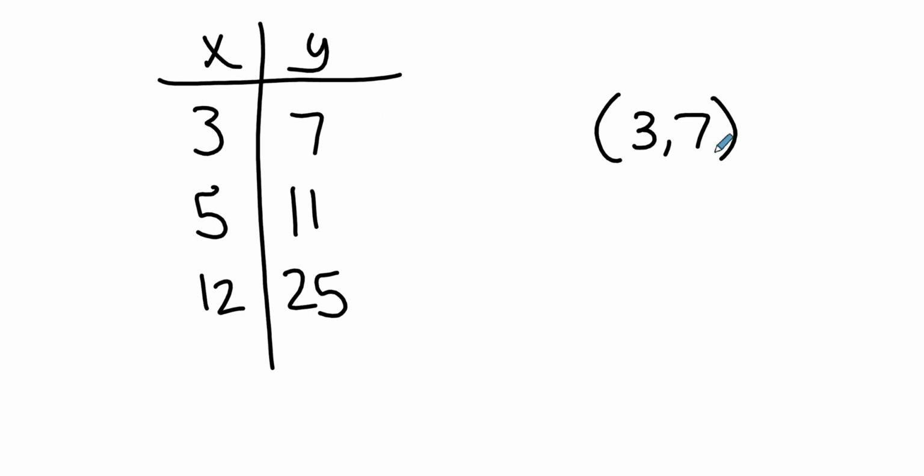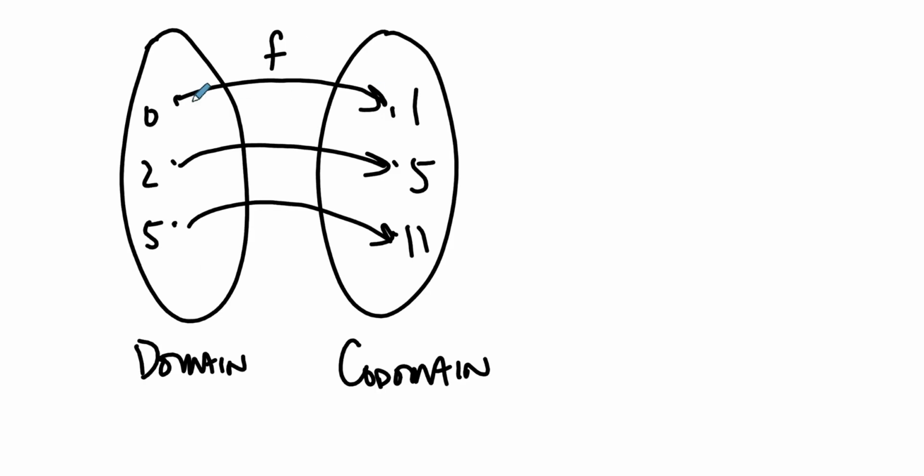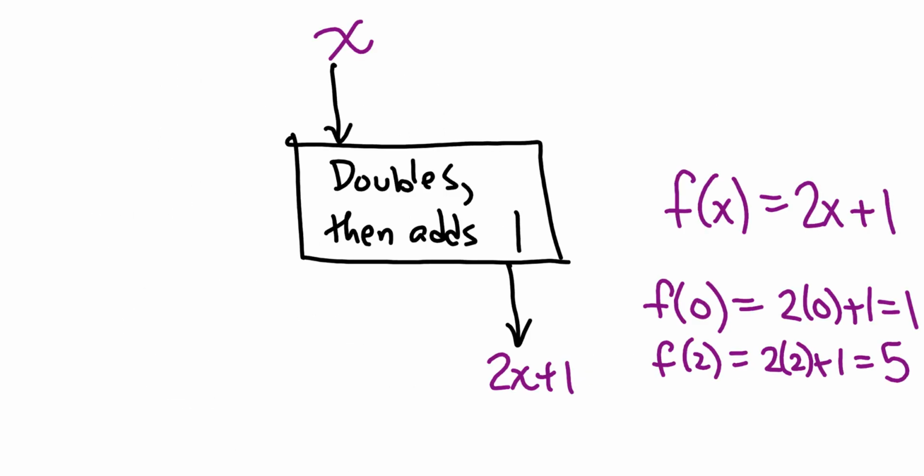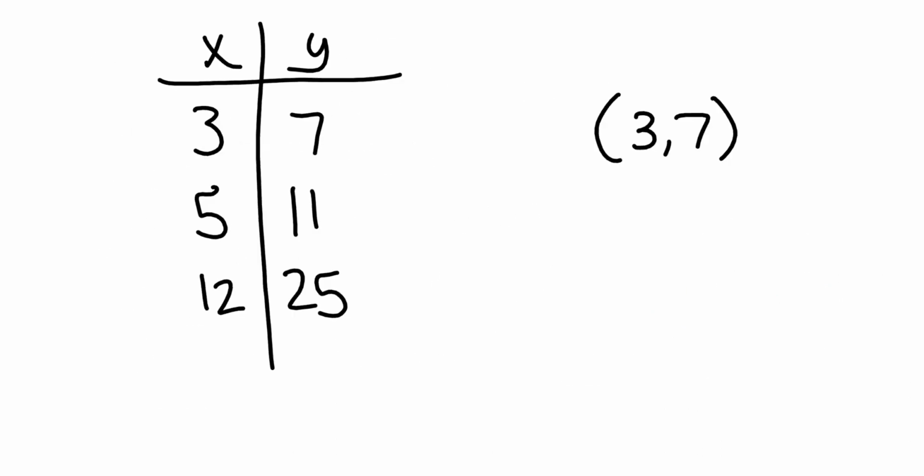When we express functions in any of these forms, we're thinking about ordered pairs. The ordered pairs are obvious here. The ordered pairs are obvious here. 0, 1, 2, 5, 5, 11. The ordered pairs are even obvious here because the inputs are the first coordinate and the outputs are the second coordinate. Now, not everything in the world is a function, but lots of things are.